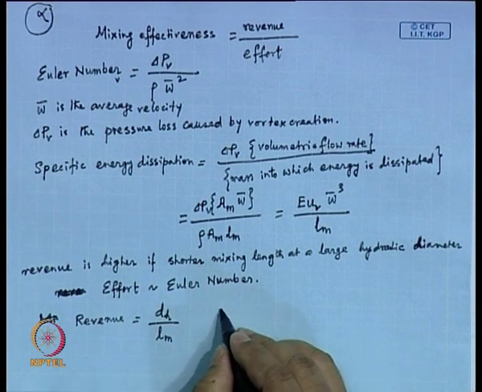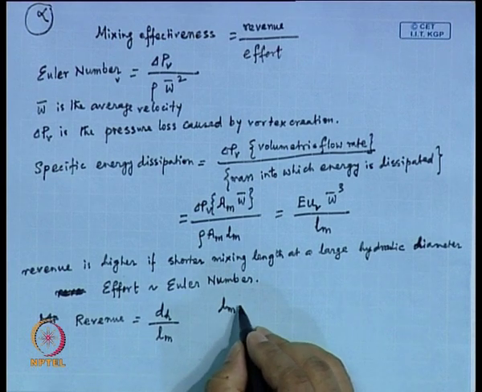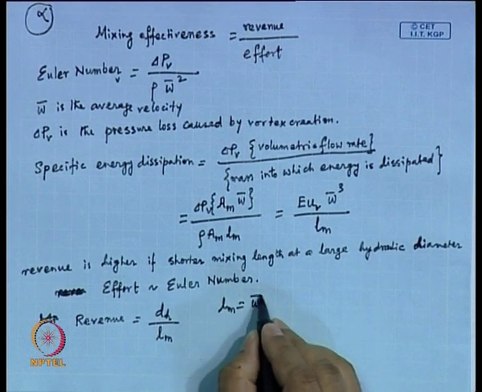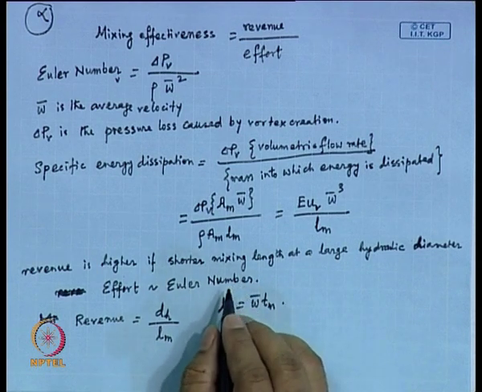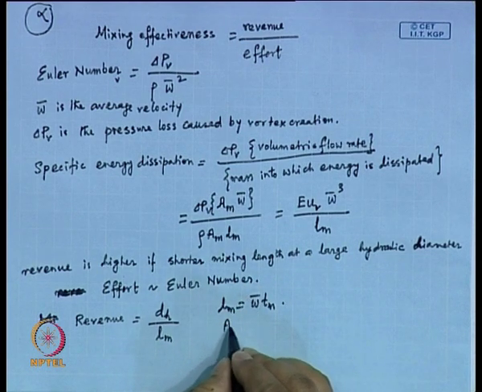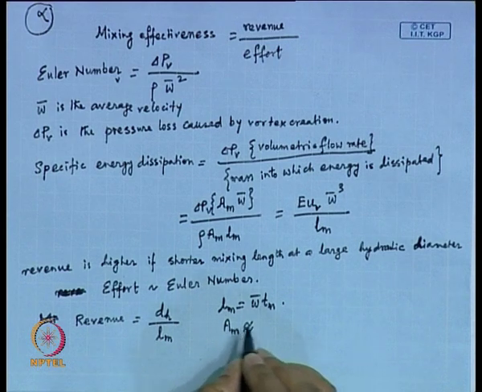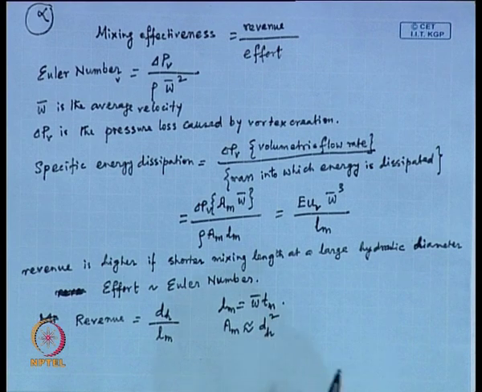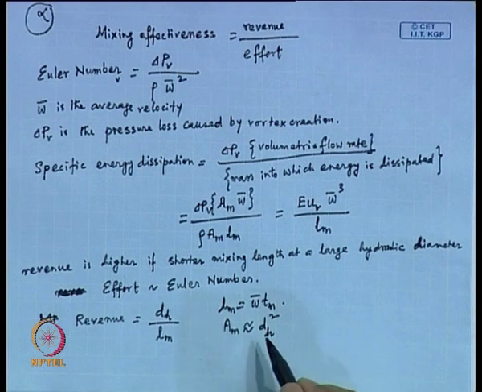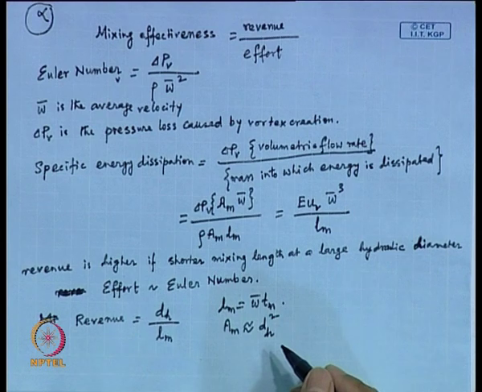Now, one thing you must understand is that this L m is nothing but W bar into T m, okay, and A m is of the order of dH square, hydraulic diameter to the power square. I mean, that is how the hydraulic diameter is defined. I am not saying it is equal, but it is of the order of.